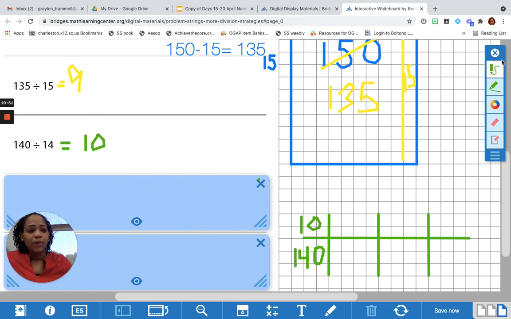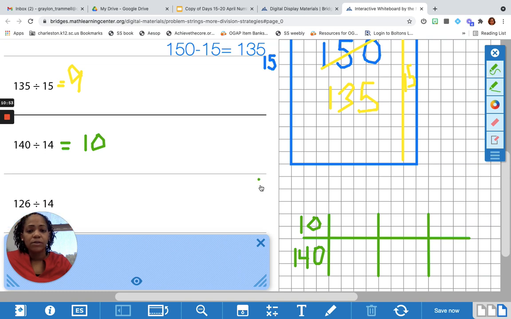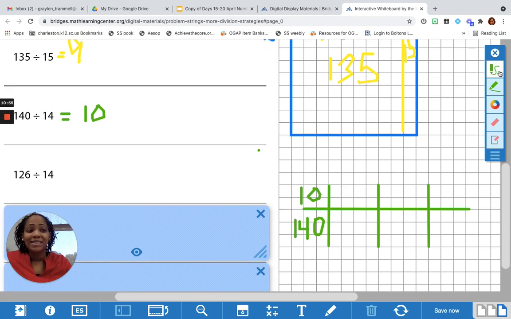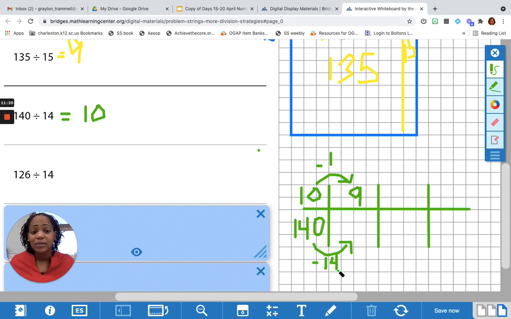Well, how then would we figure out 126 divided by 14? Well, in order to get 126, I need to subtract a group. I am subtracting one group of 14, which means I'm going to subtract 14 from the total. Maybe if we need to put it in context, you can think about packs of pencils or packs of pens or packs of crayons in a box.